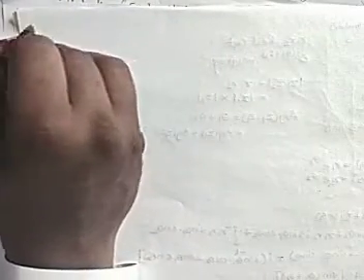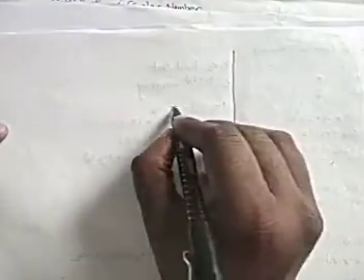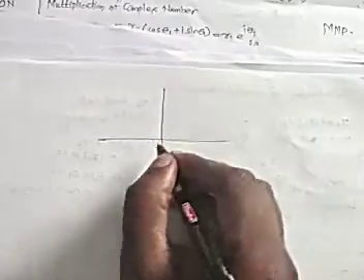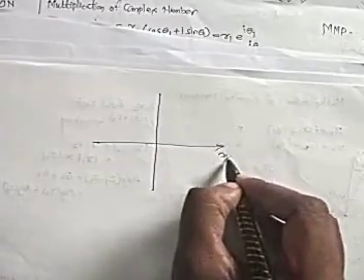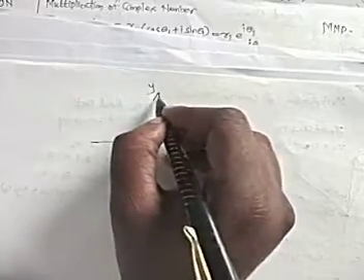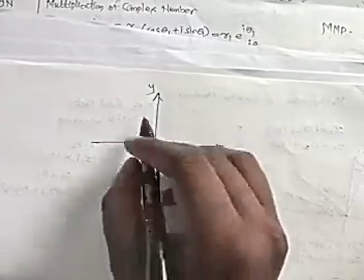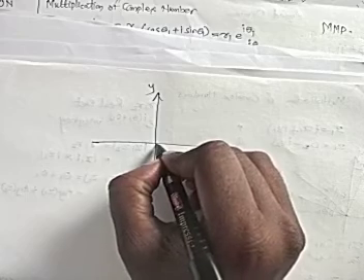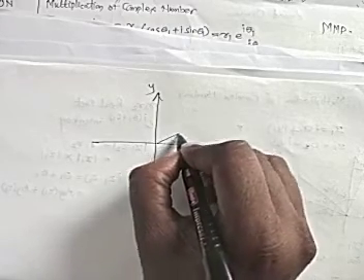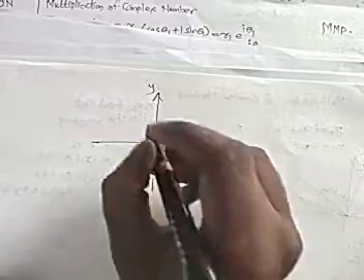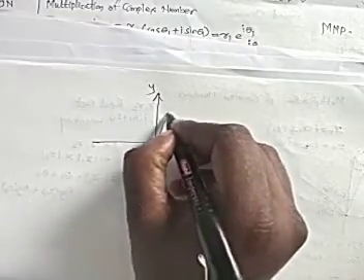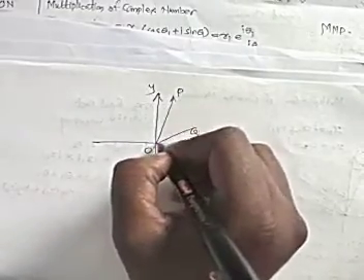So after that we can consider division of two complex numbers. If this is a Cartesian system with an x real axis and a y imaginary axis, we have OQ and OP.